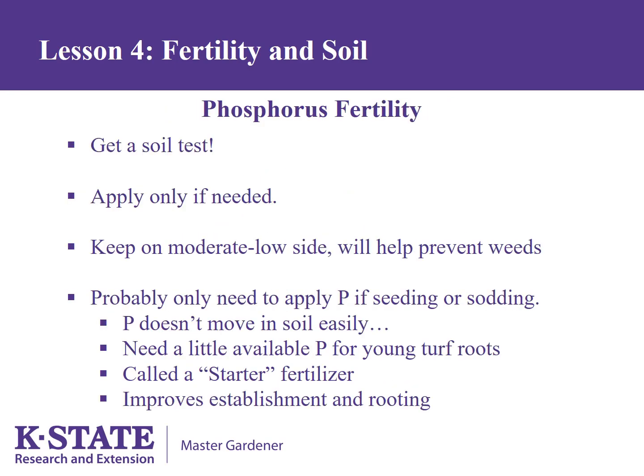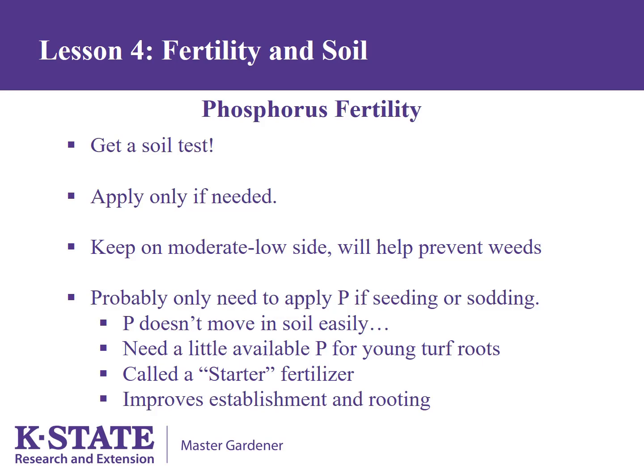Phosphorus, make sure you get a soil test. If there's enough in the soil, don't add it. If you need phosphorus, most of the time it's when you're seeding or sodding. Phosphorus is not mobile, it doesn't move in the soil. So when you take your soil test, you're going to get a phosphorus amount averaged across that 6 inches of your soil test.